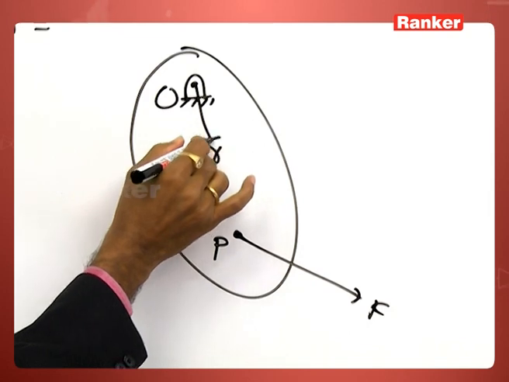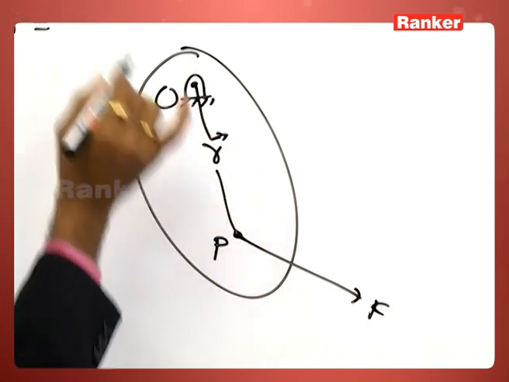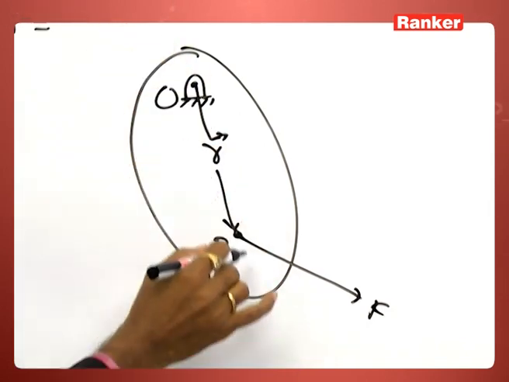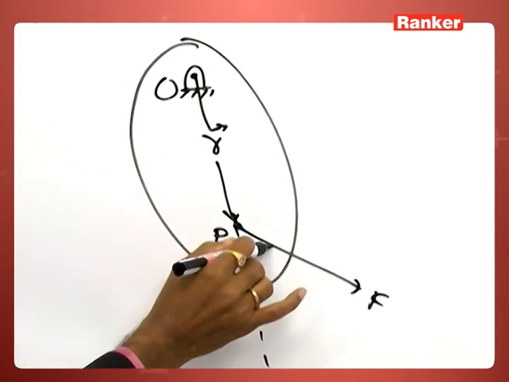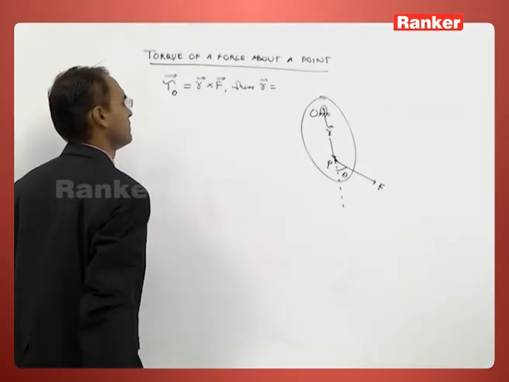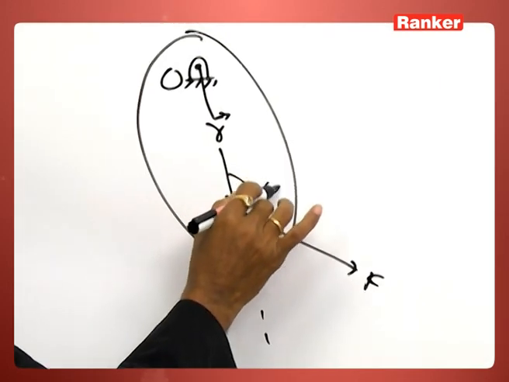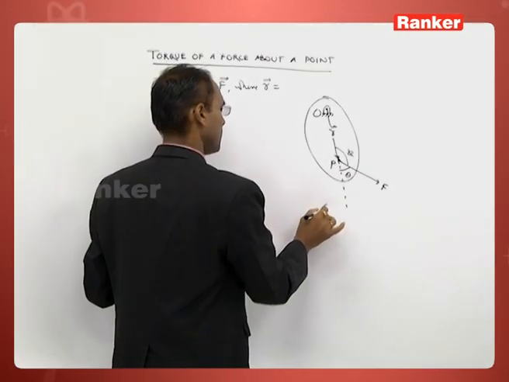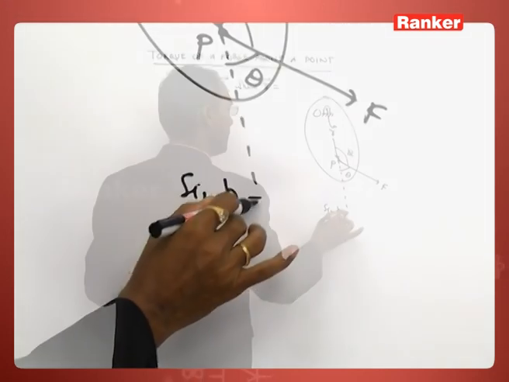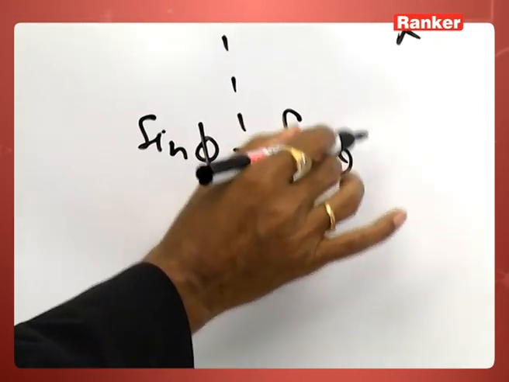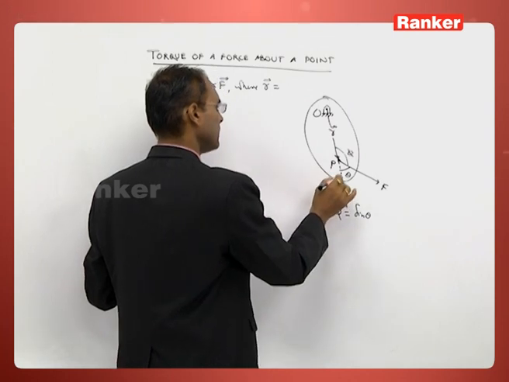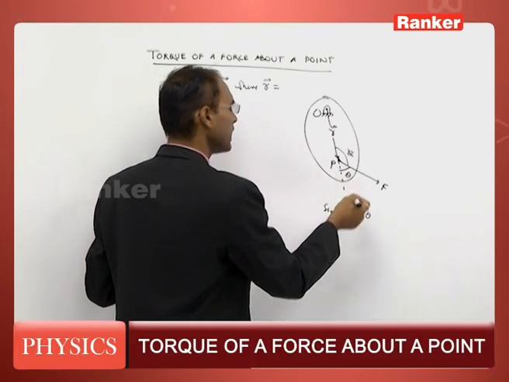This is R vector. And angle between R vector and F vector is theta. If you take this as phi, sin phi is equal to sin theta, because sin theta is equal to sin 180 minus theta.